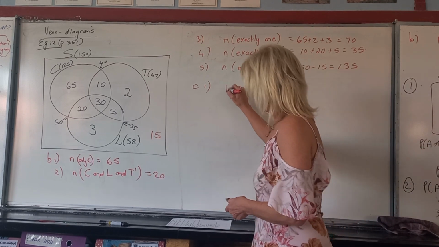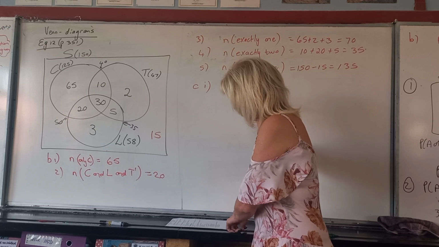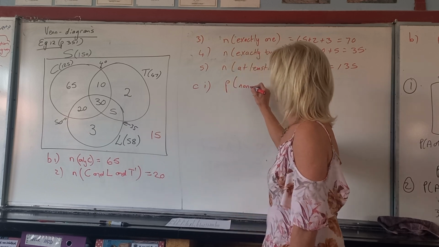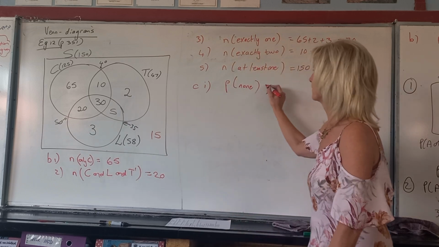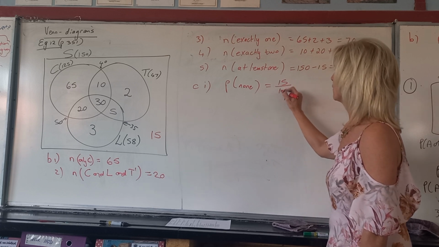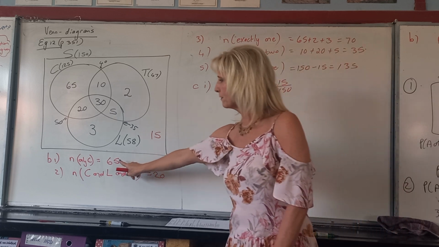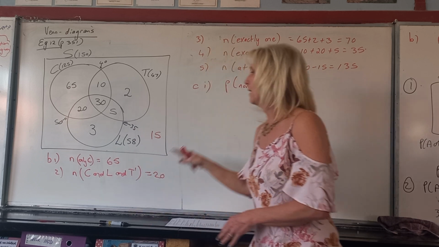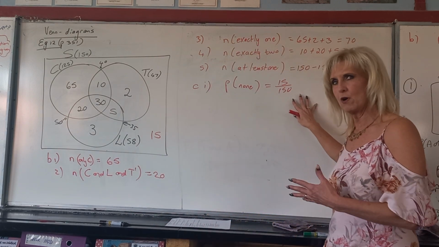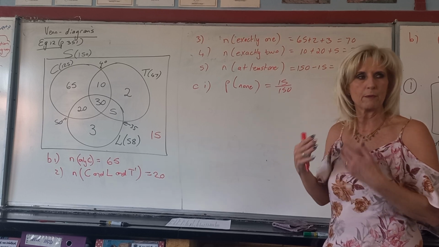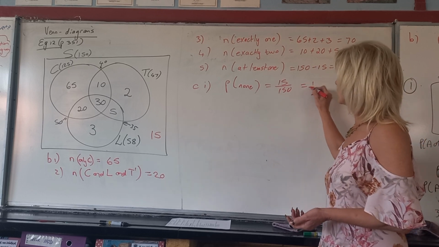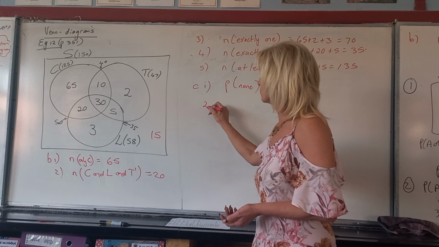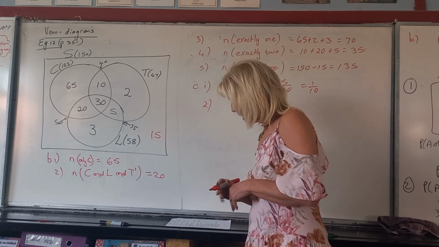What is the probability that he will have none of the devices? See, 15 over 150. So if anywhere over here you wrote it over 150, you were wrong. I'm asking for how many. If over here you write 15, you're wrong, because it's got to be over 150 because it's probability. And that would give you 1 over 10. We just always like to simplify.